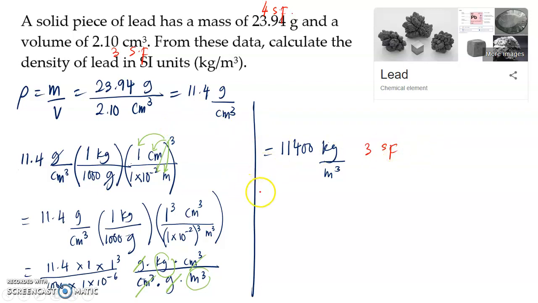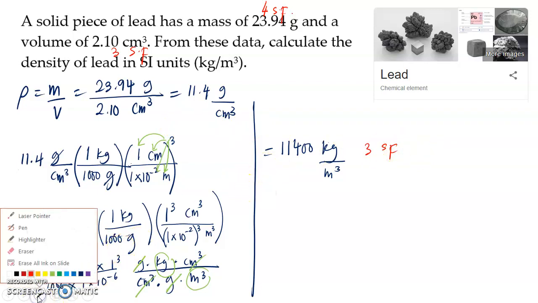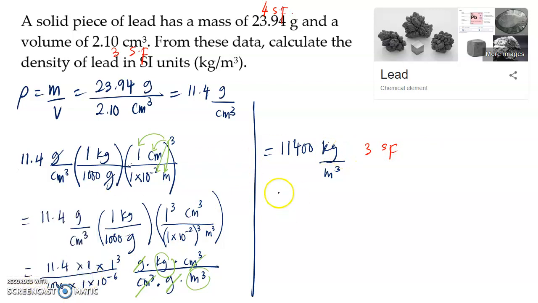To do so, we can report our answer in terms of scientific notation. So it will be 11.4 times 10 to the power of 3, and the unit is kilogram per meter cube. You can obtain this number just by pressing the ENG button to find the engineering prefix appropriate to the answer.